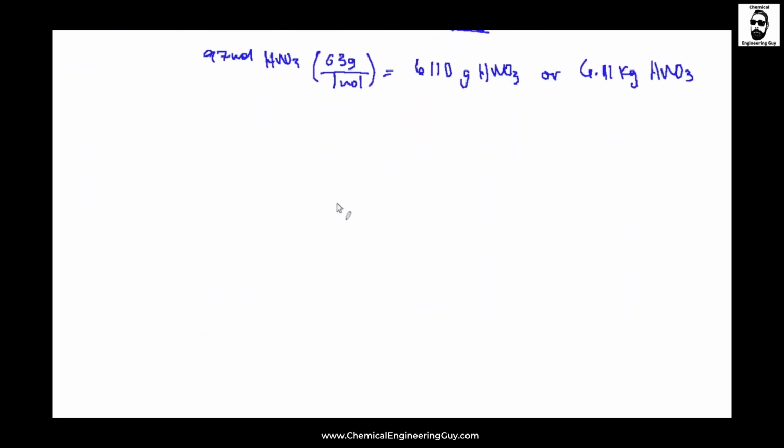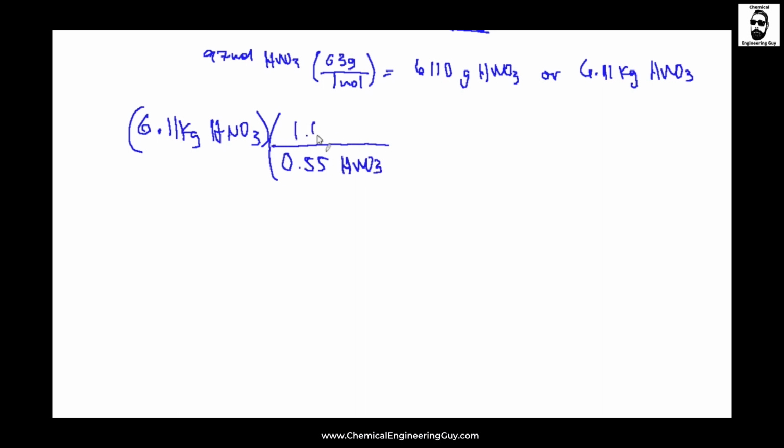Okay, now we got the amount of mass, so let me see how much is the total. So if this is the amount of HNO3 we're producing, and this is the 0.55 of HNO3, I want to know the total 1.0 of the mixture.